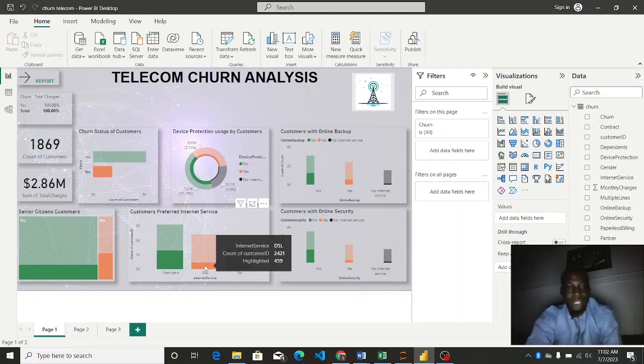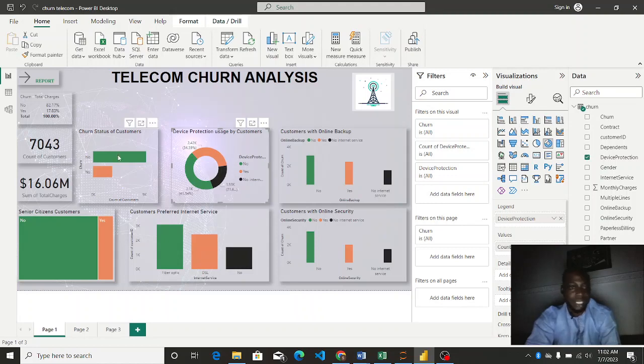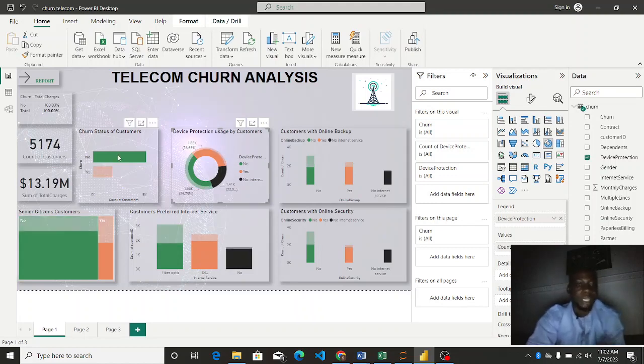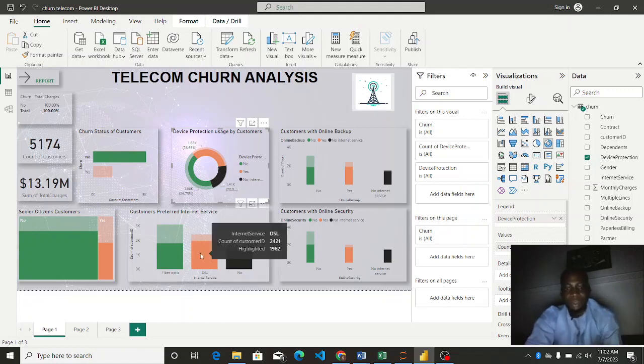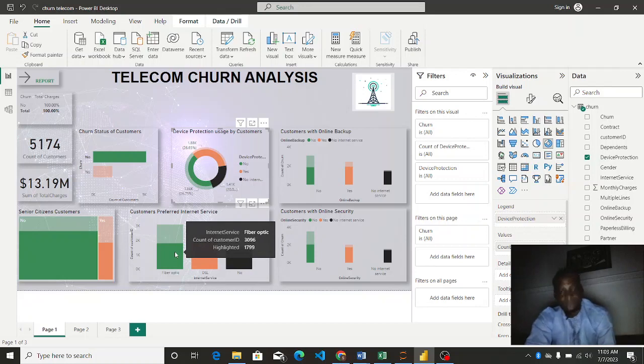In fact, if we check people that didn't churn with us, people that are still active customers with us, we can see that most of them make use of DSL, because of course DSL is very accessible and very cheap. Of course some of them make use of fiber optic, but most of them make use of DSL.